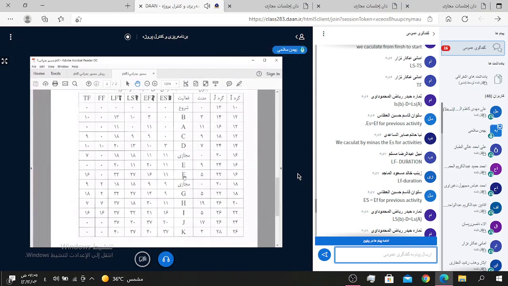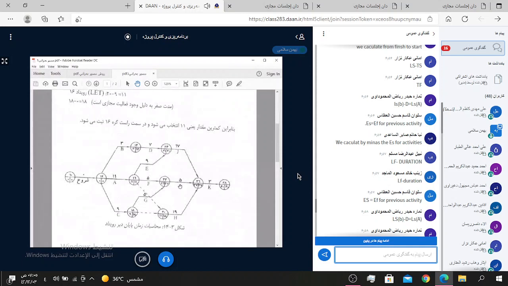For example, activity I. Activity I has 16 and 37 as the ES for node start and node finish. We use 16 because 16 is the ES of node start.